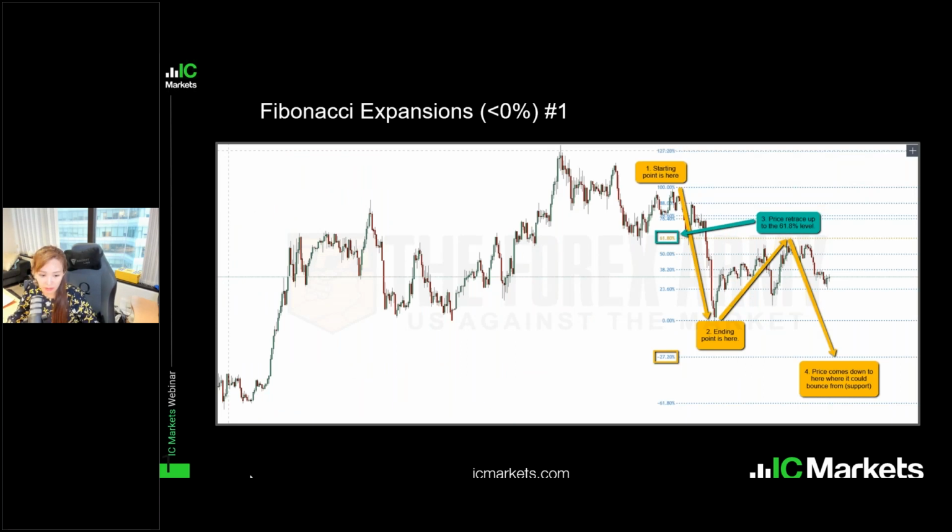In here, what you can see, starting point here, 100. You wait for the price to pull back here at 61.8%. After that, this is the level that you need to watch out for, which is negative 27.2 and 61.8, right?